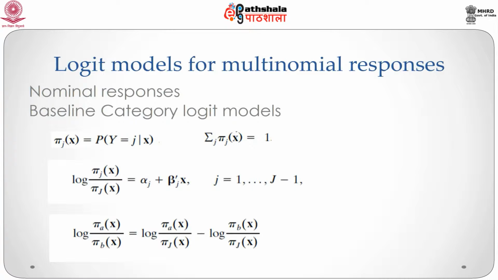X is a corresponding P vector of covariates. Let pi_j(x) equal the probability of Y equal to j given x, with the restriction that the summation over j of pi_j(x) is equal to 1. We thus treat the counts in the J categories of Y as a multinomial variable with probabilities pi_1(x), pi_2(x) up to pi_J(x).